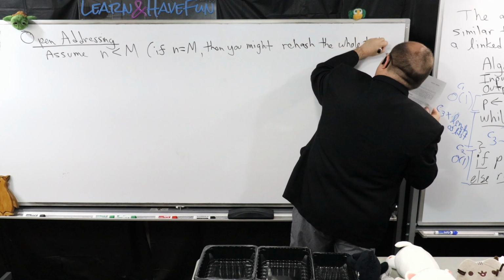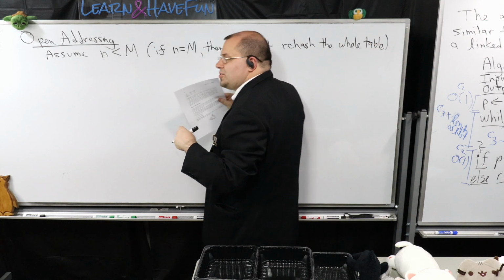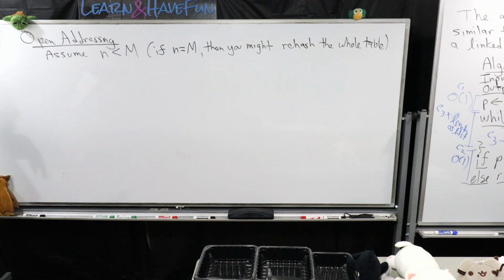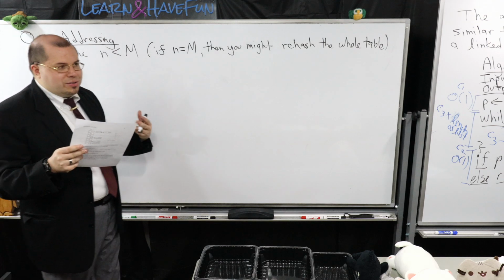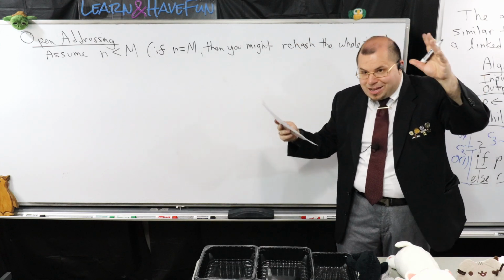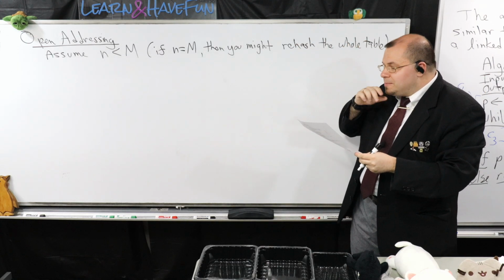That means you're just going to make a longer array and reinsert all of the records. So that's one thing you have to keep in mind, is that I always have to ensure that there's space for my records in this hash table. I'm confining myself to the size of the hash table.